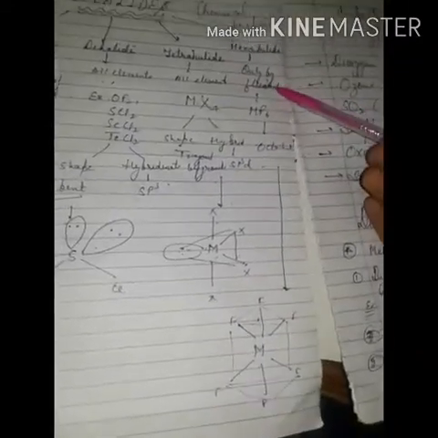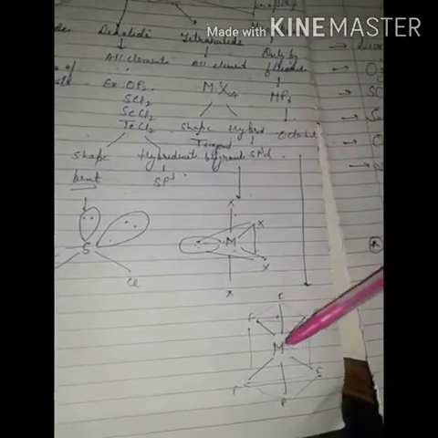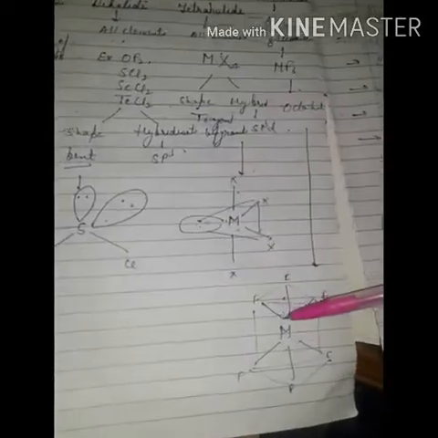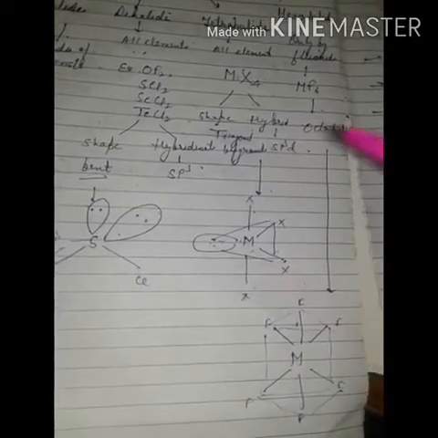So this hexafluoride concept is valid for fluoride only. The general formula is MF6. The shape will be octahedral, and they are arranged in this direction. The central atom is over here, then 6 fluorines are arranged in an octahedral way.